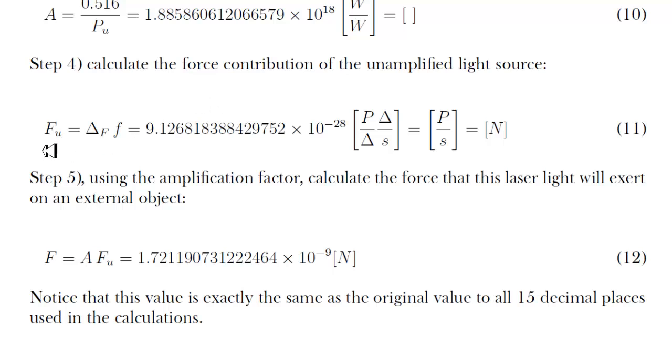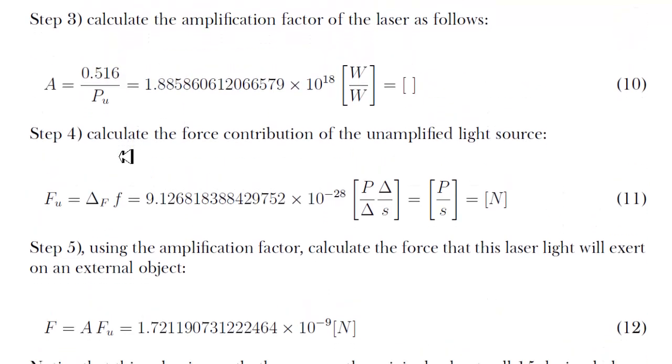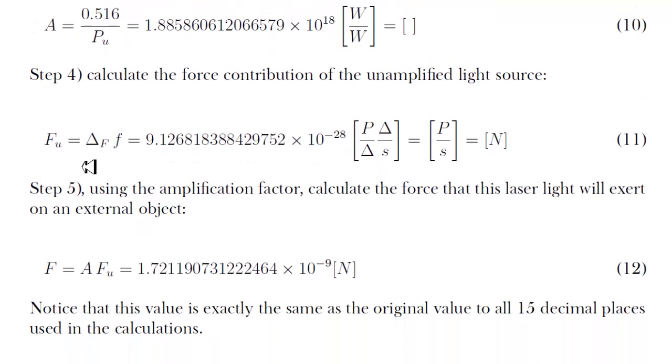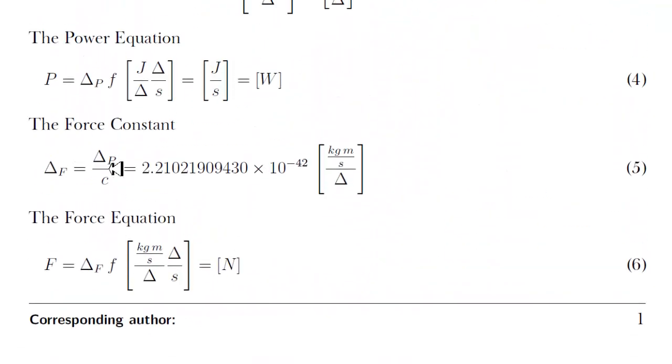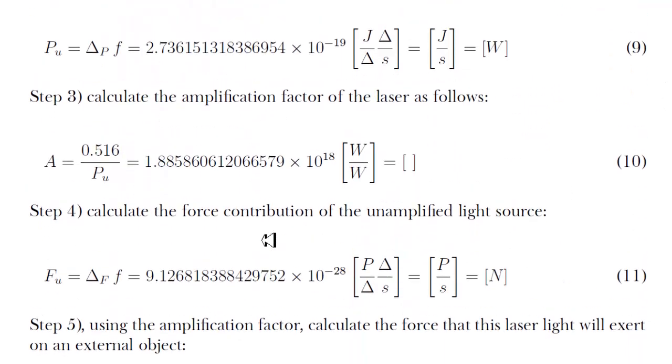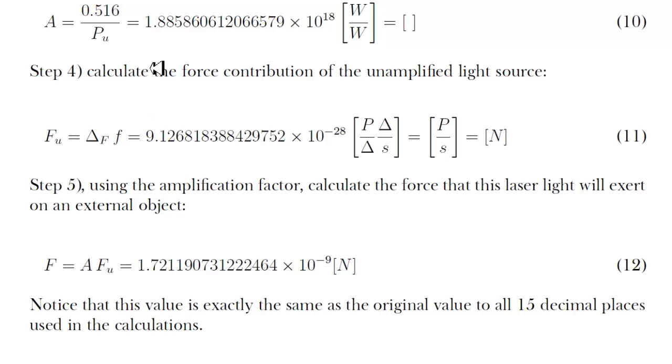First of all, we're going to be using the quantum of force, which we talked about up here, which is the power divided by the speed of light. So step 4, we're going to calculate the force contribution of the unamplified light source.